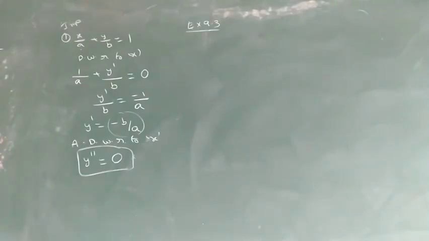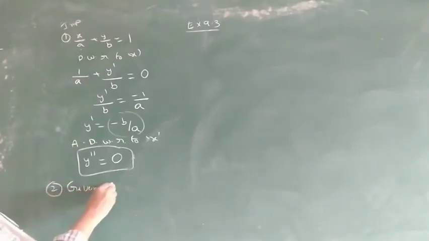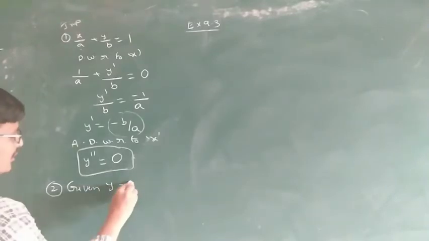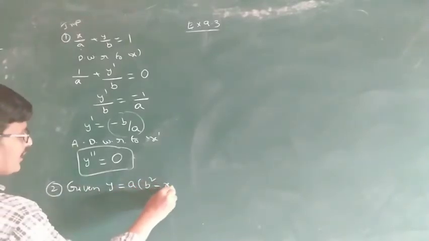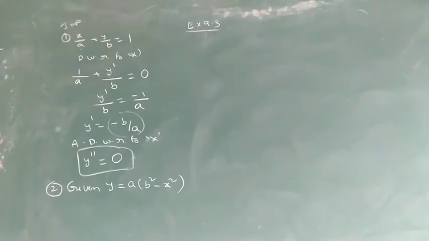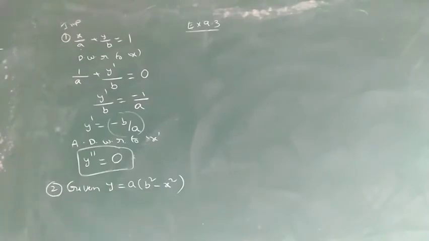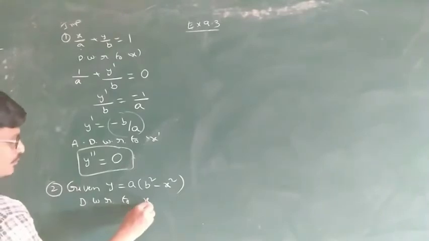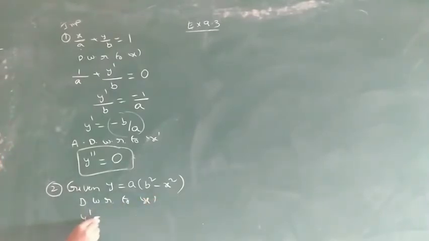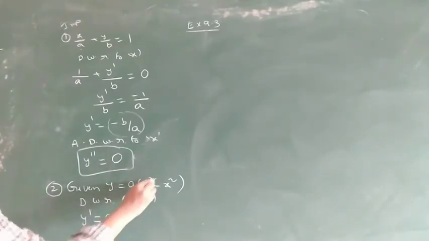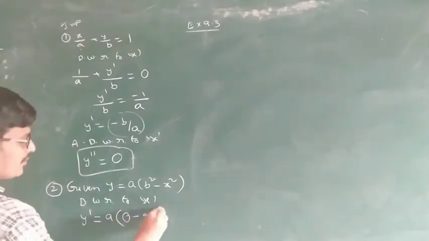Next, second problem. Given y is equal to a into b square minus x square. Here a and b are arbitrary constants, so we have to differentiate 2 times. Differentiate with respect to x. y dash: a is constant, b square is constant with derivative 0, minus x square has derivative 2x.